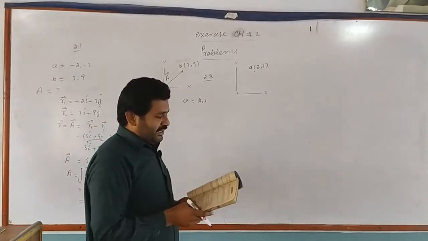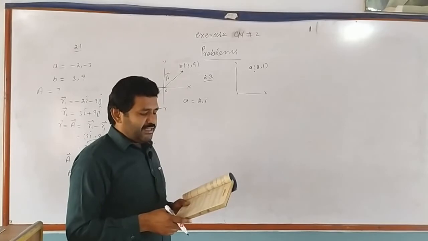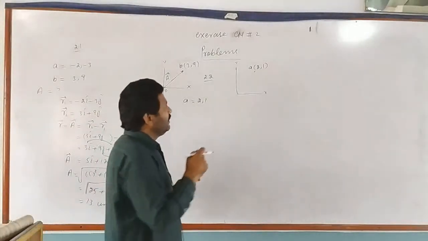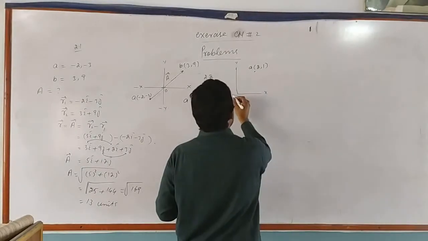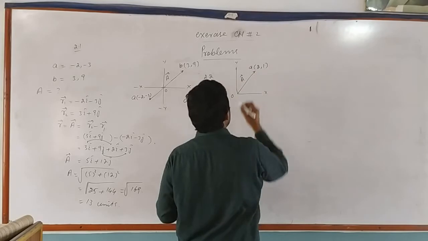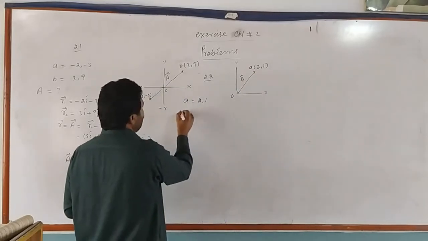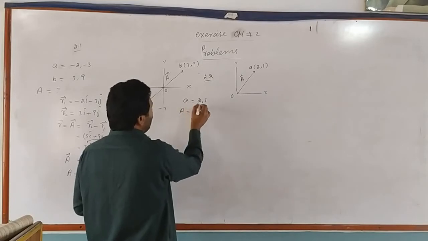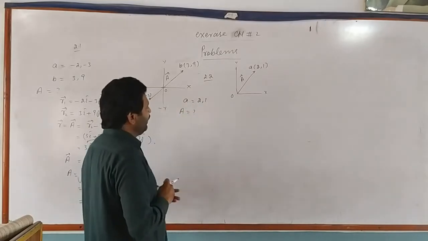Where the units are in meters, what is the distance of the insect from the corner of the room? We have to find the distance of point A from this origin. We suppose a vector A. We have to find the magnitude of this vector A, a point with coordinates 2 and 1.